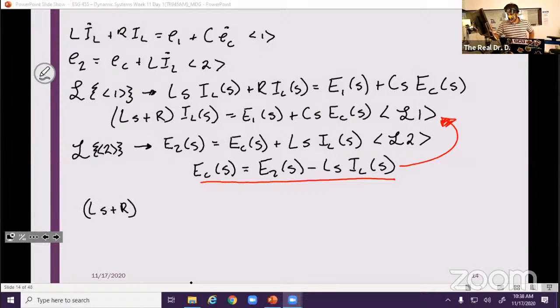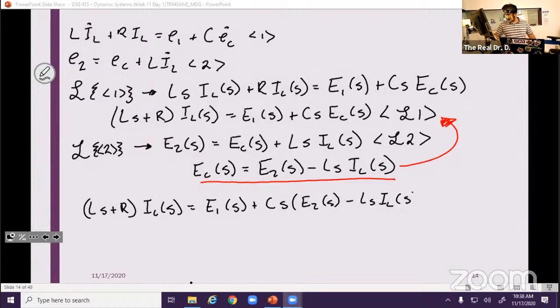I'll get (Ls plus R) I_L(s) is equal to E1(s) plus C s times (E2(s) minus L s I_L(s)).